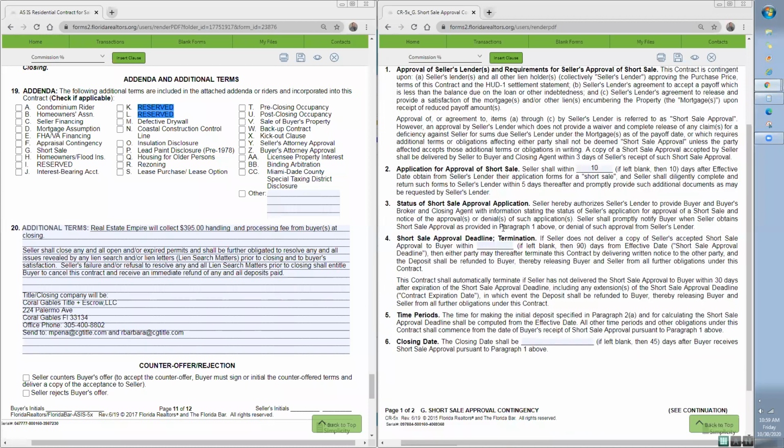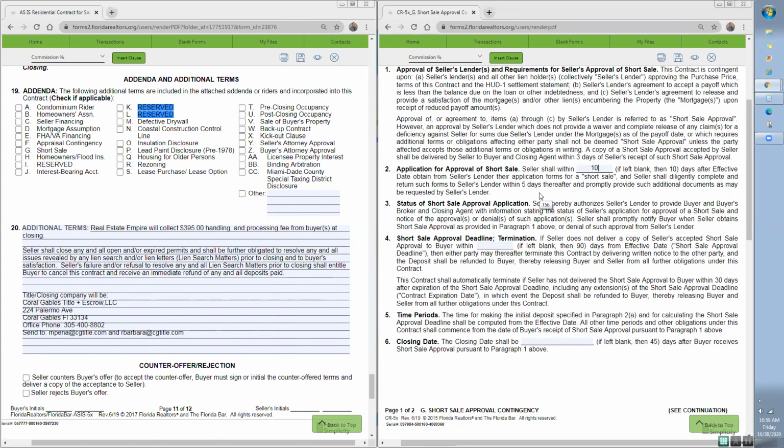Number 3, the status of the short sale application: the seller needs to authorize the lender and provide buyer information of the status of the application moving forward. So they can't just say, okay, thank you, I'm going to send this to the bank, and not tell us what's going on. They have to give us the information of what's happening with that short sale application.